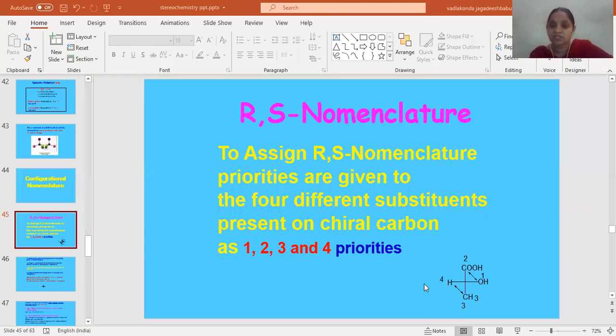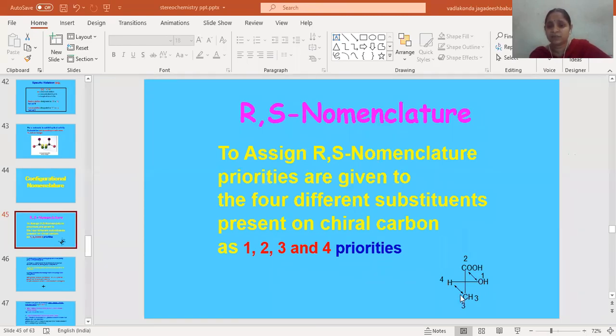And if we have double bonds and triple bonds, the triple bond must be given priority, then the double bond, then the single bond. So C triple bond C will be given highest priority, then C double bond C, then C single bond C. So these are the Cahn-Ingold-Prelog rules to give the RS nomenclature to the enantiomers.